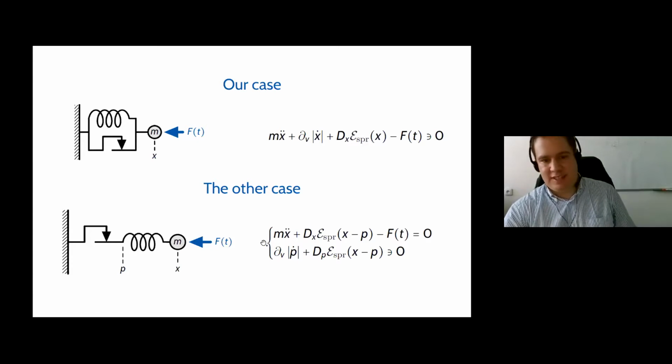And in this case, you see that you have one equation for x that accounts only for inertia. The only forces acting are inertia, the elastic force of the springs and the external force. And to study p, you have to study the friction resistance of the Saint-Venant element and the elastic resistance force of the spring.